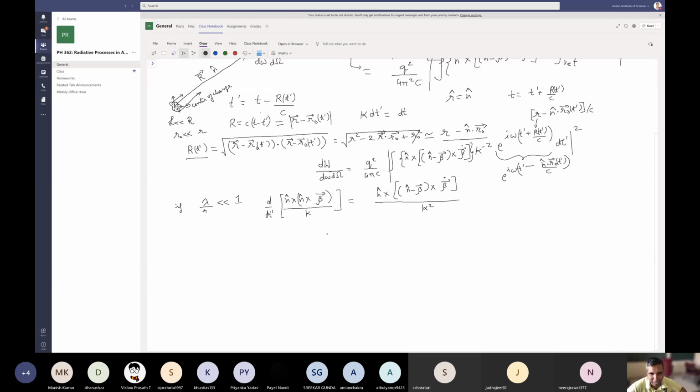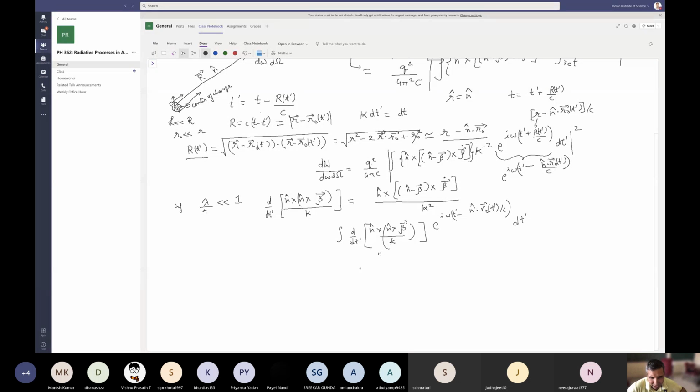Basically what you will have is the integral of d/dt' of n hat cross beta by kappa, times e to the i omega (t' minus n hat dot r naught of t' by c), dt'.